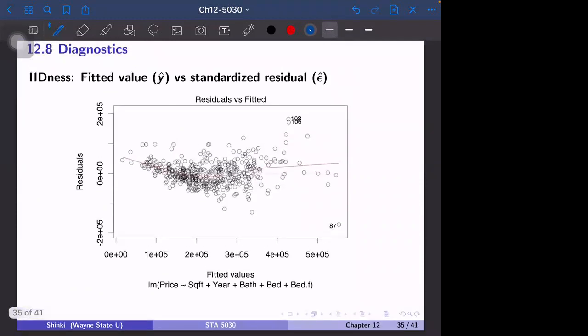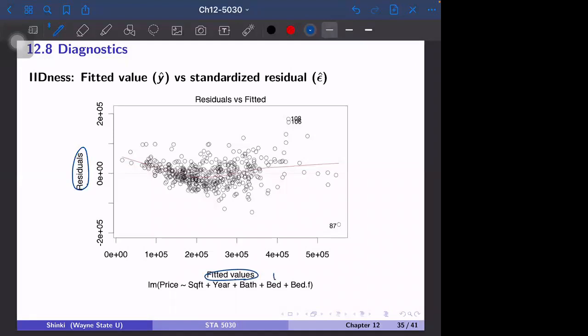And the next one is the fitted value versus standardized residuals. Basically this is the same. Sometimes the residual is standardized, so it's divided by some number. I will explain it later. The biggest difference is that the horizontal axis is for fitted values.